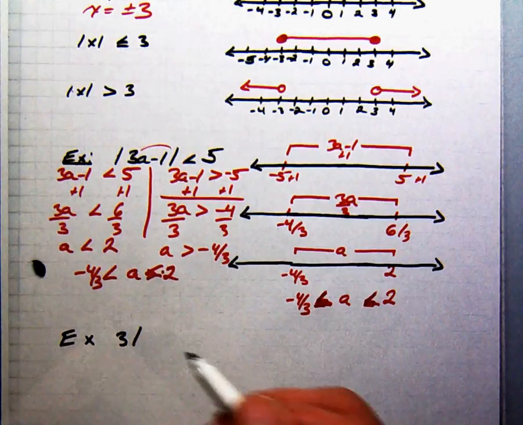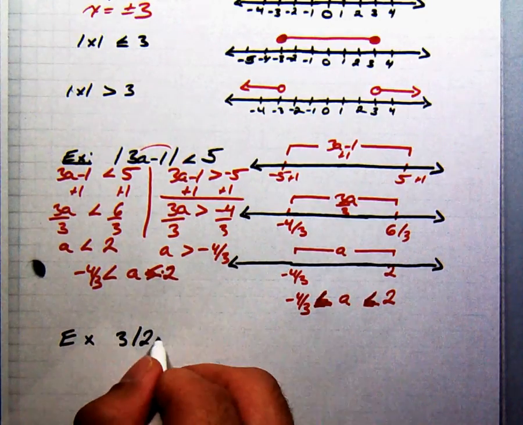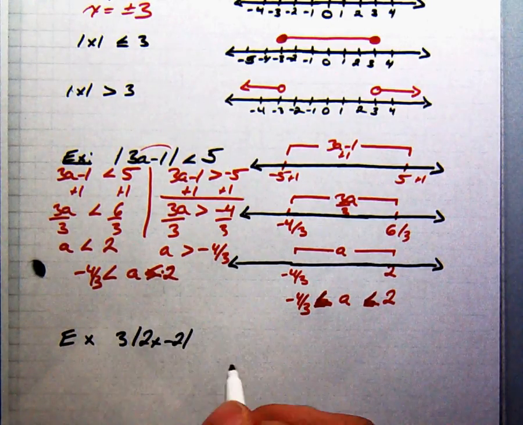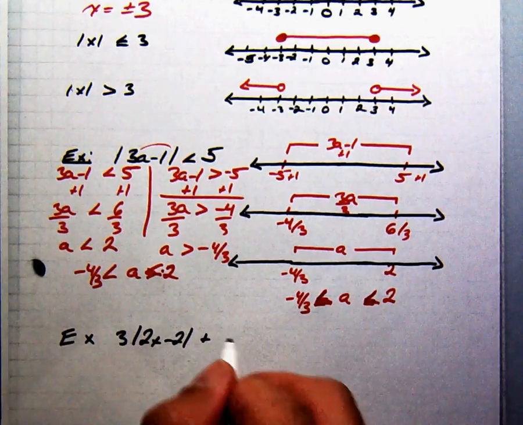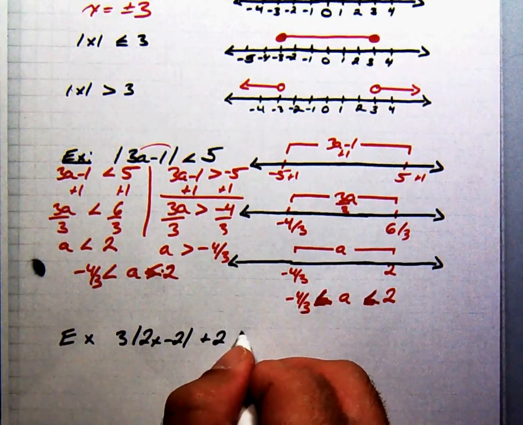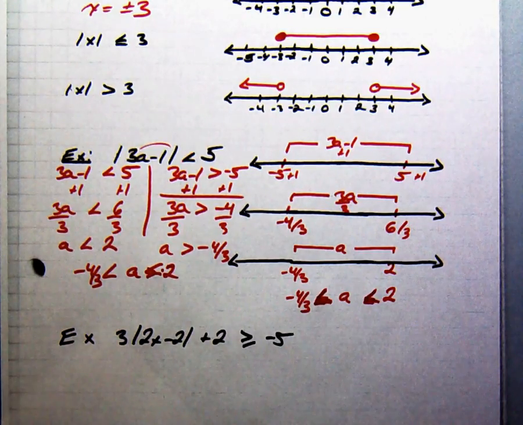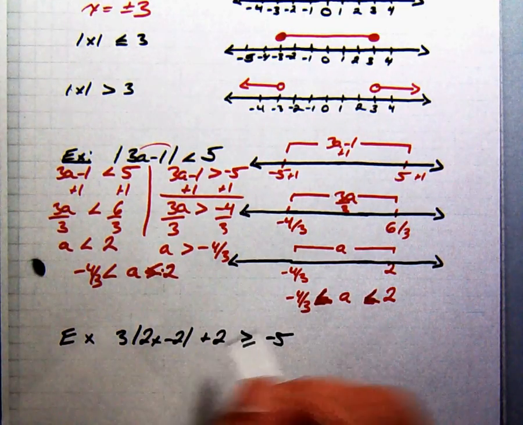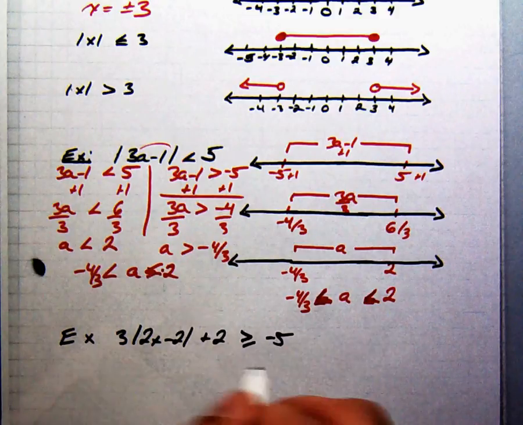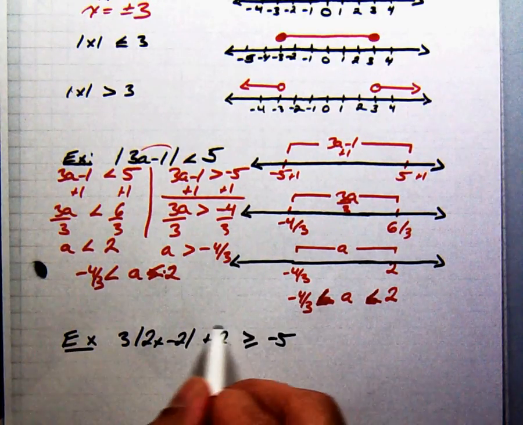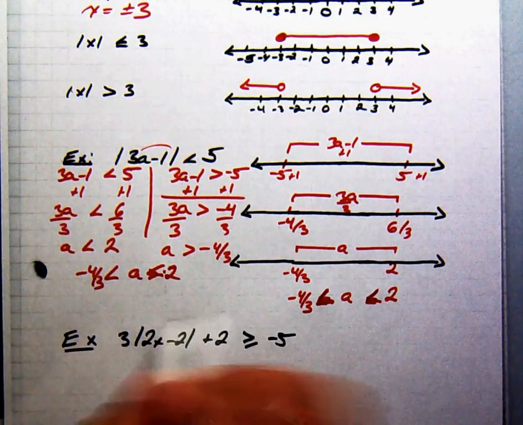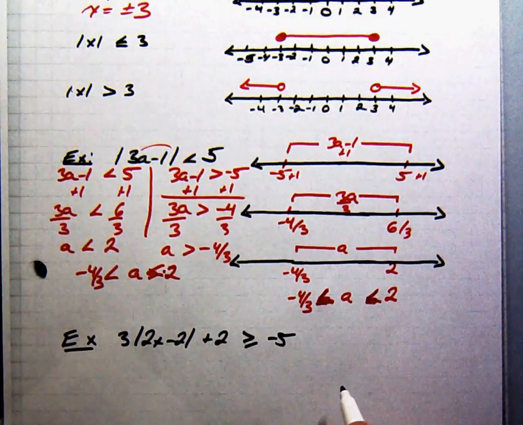Three times the absolute value of 2x minus 2 plus 2 is greater than or equal to negative 5. So before we go ahead and solve this inequality, we're going to have to clear away the positive 2 and the 3. Then we can go ahead and write it as two separate inequalities like we did up here.